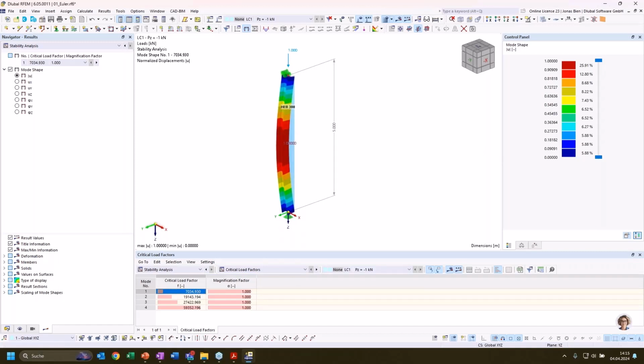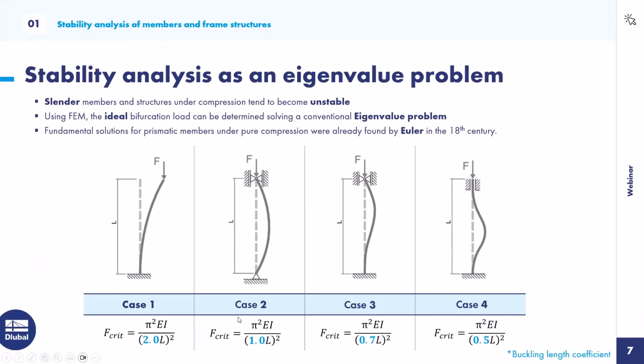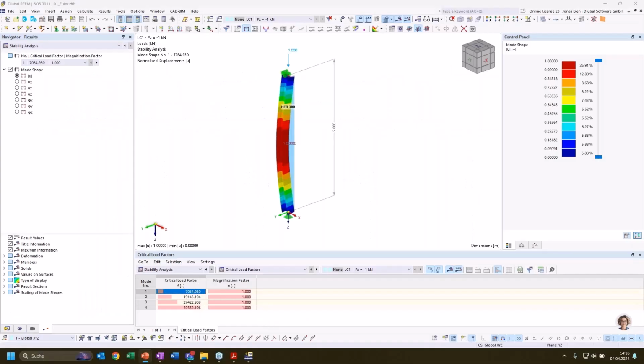Just so that you remember, we could calculate it just using this formula, pi to the power of 2 times the Young's modulus times the moment of inertia of our section, divided by the effective buckling length. In this case, it would be the length of our member times 2, to the power of 2.